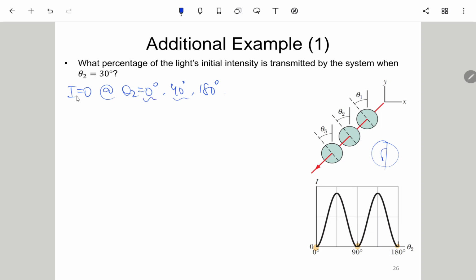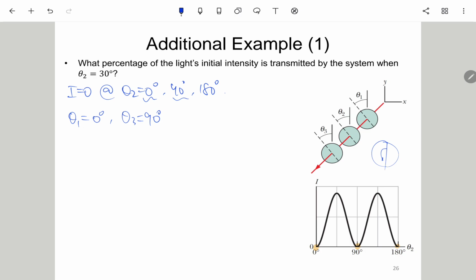If I equals 0 at these two angles, it means theta 1 equals 0 degrees and theta 3 equals 90 degrees.